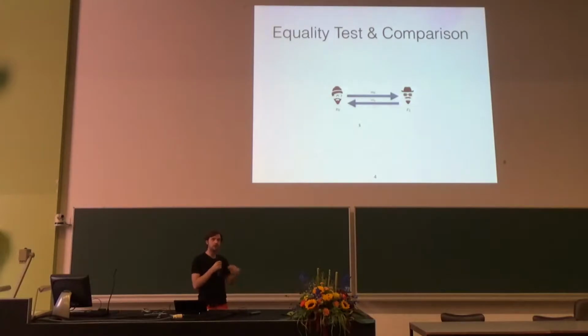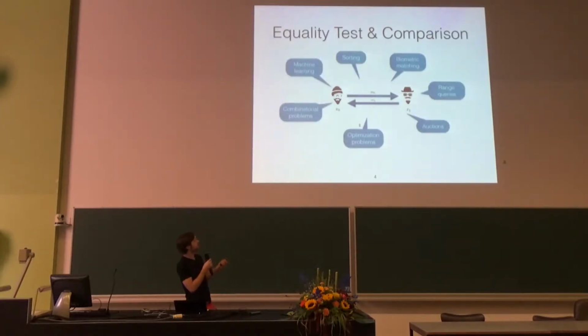And both have found a large number of applications as building blocks in large-scale secure computation protocols. So you will hear about secure comparison and secure equality test each time you want to securely evaluate sorting, or if you want to do secure machine learning, then it usually becomes an important building block. Same thing if you want to securely solve combinatorial problems and so on.